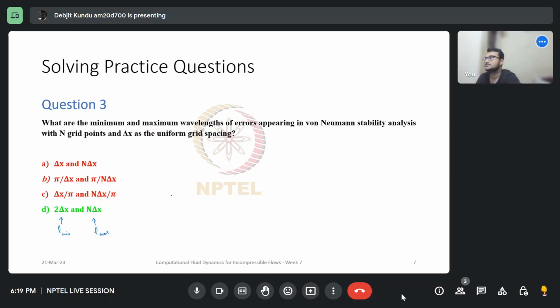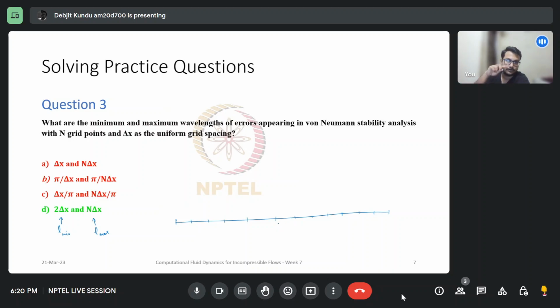Right. So what happens is, let's say if we take a grid like this, so let's say this is the one-dimensional mesh in our system. So what could be the minimum wavelength?